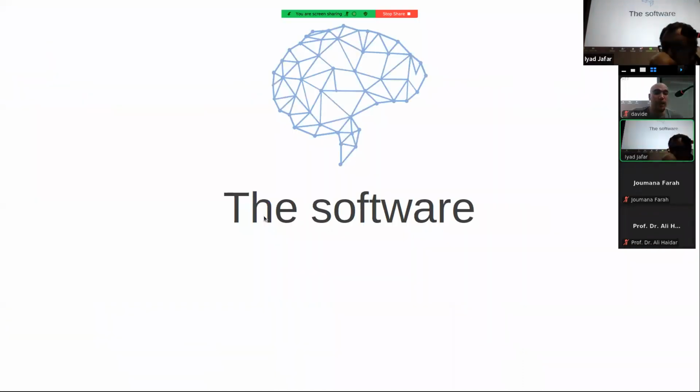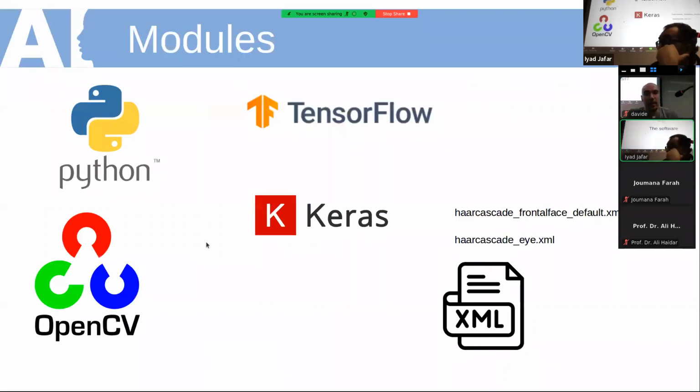So how our software is implemented. First of all, the software is written in Python and it uses several modules to work. That is OpenCV, the module that we use to process images and the webcam images, for example. TensorFlow, a module from Google that allows us to create neural networks and train them, and Keras, an interface to simplify the use of TensorFlow and other machine learning modules.